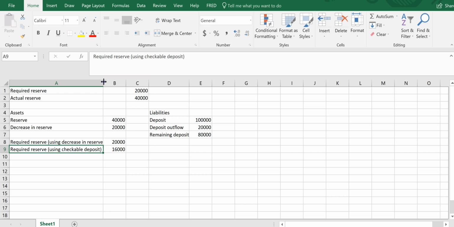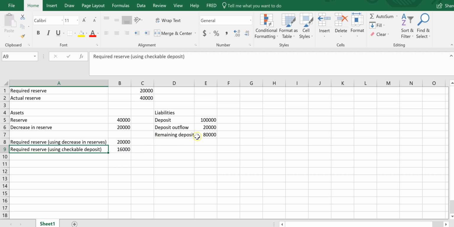These two numbers do not match, and that's because I artificially assumed this deposit outflow.